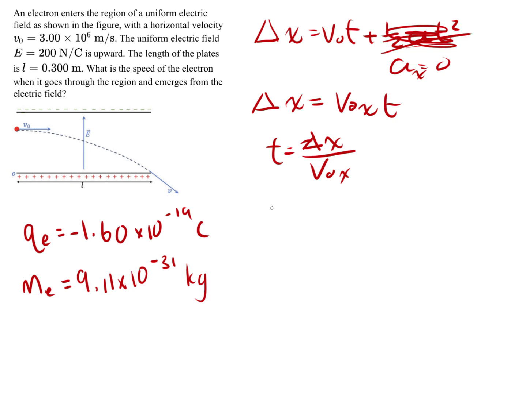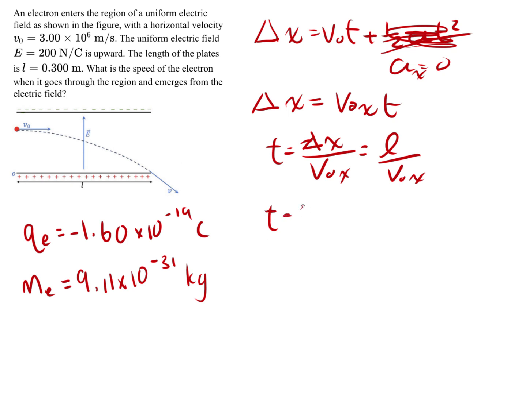So now all we need to do is plug in the numbers. And again, this displacement is simply L because it's going through the distance of the plates. If it's going purely horizontal, it's going 0.3 meters through the distance of the plates.